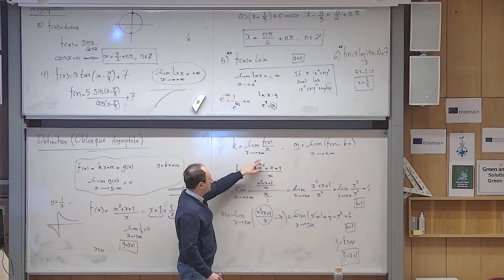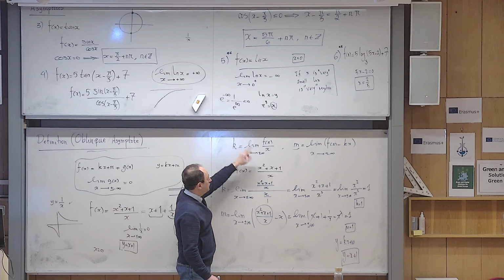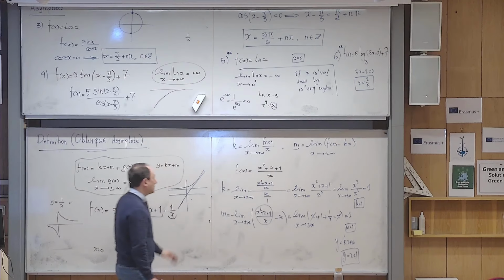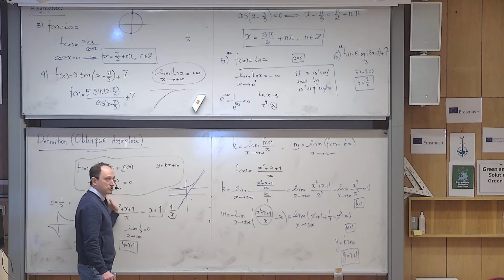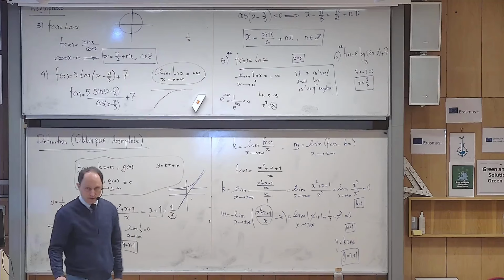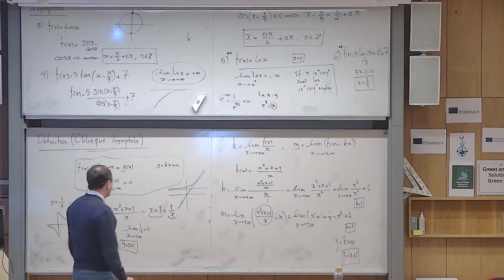It is possible that for positive infinity I have a number, but for negative infinity I have 0. This can happen. So on the negative infinity branch I have a horizontal asymptote, and on the positive infinity branch I have an oblique one. Yes, this can happen. Thank you.